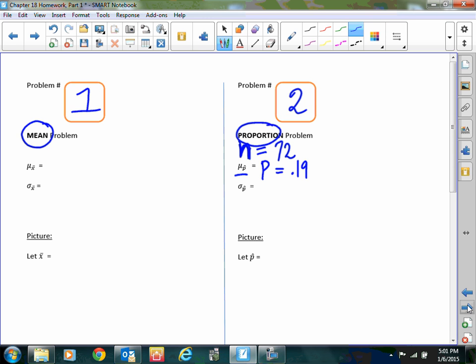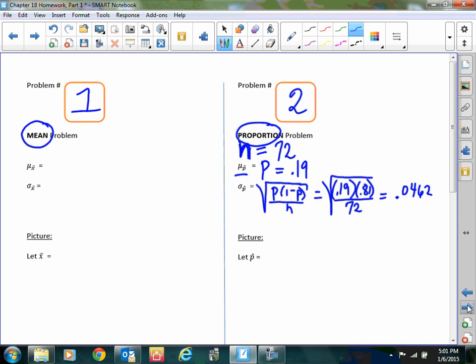So on average, we should have proportions of 19% Hispanics in our samples of jury. The standard deviation follows, of course, this formula, the square root of P times 1 minus P over N. And so that is going to be the square root of 0.19 times 0.81 over our sample size of 72. This number, when you calculate it, is 0.0462.